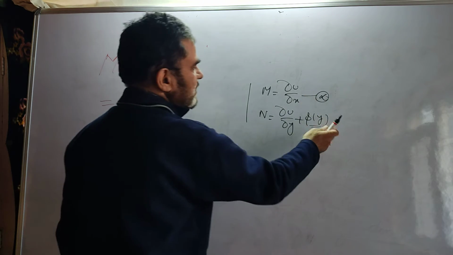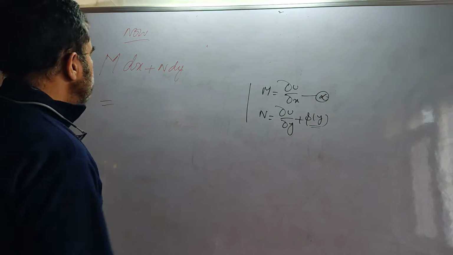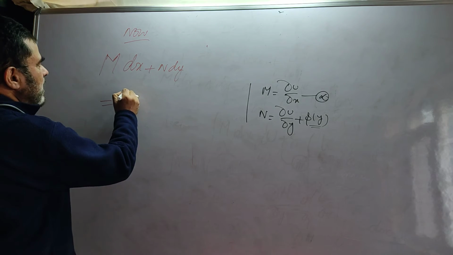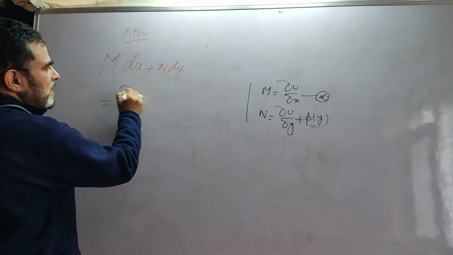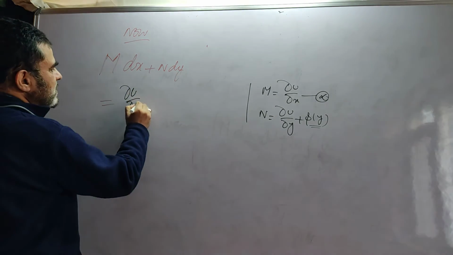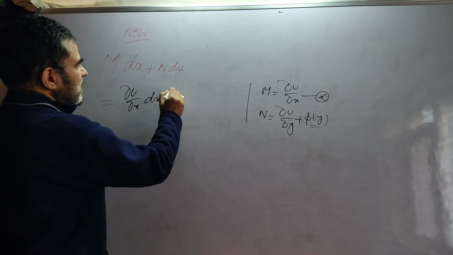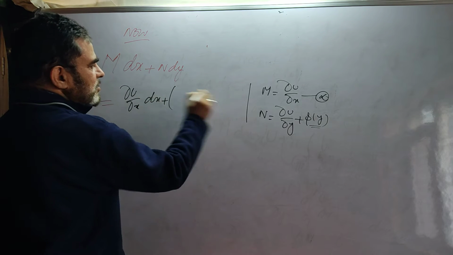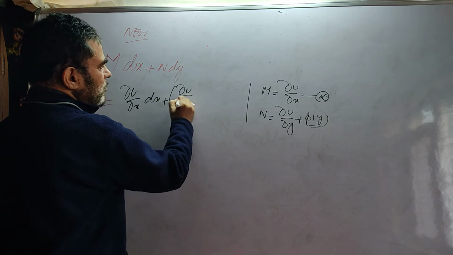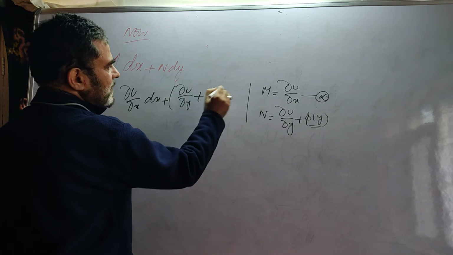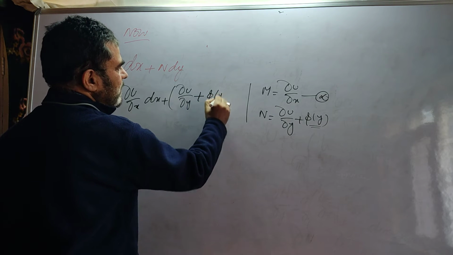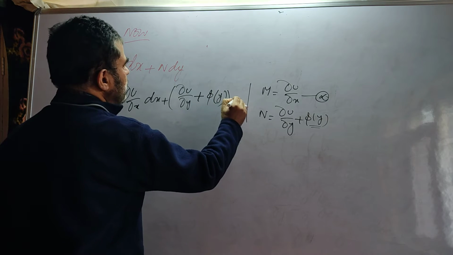It is a constant here. It is free from x. So you see, I will use it here. It is the value of m, dou u by dou x dx, plus, use the value of n, it is dou u by dou y plus phi of y, into dy.